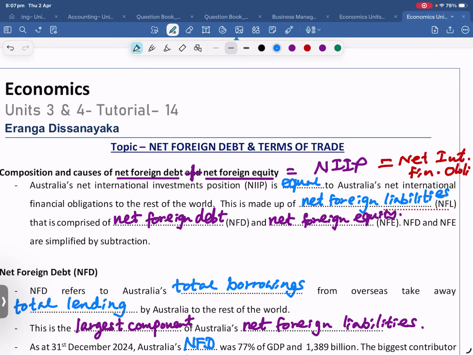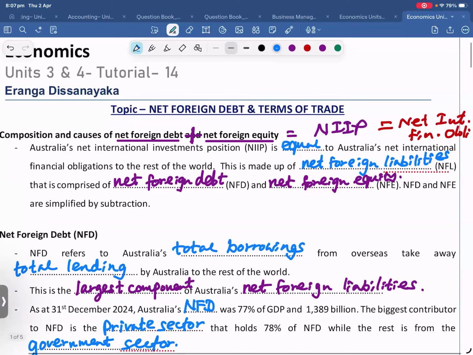That is calculated by the simplification of net foreign debt and net foreign equity. Net foreign debt is approximately 1,400 billion. Net foreign equity is approximately 400 billion. So we add them together, we simplify it, because net foreign equity is favorable for us, but net foreign debt is unfavorable for us. So roughly we owe the rest of the world around 1 trillion.